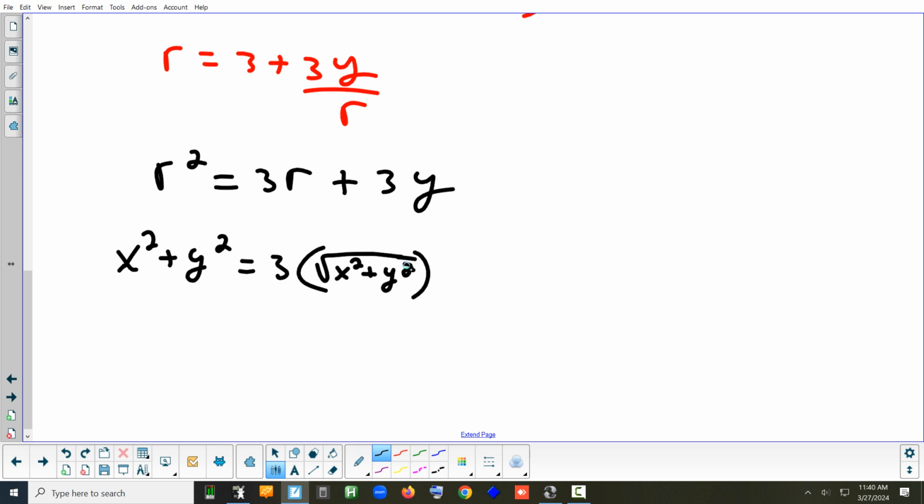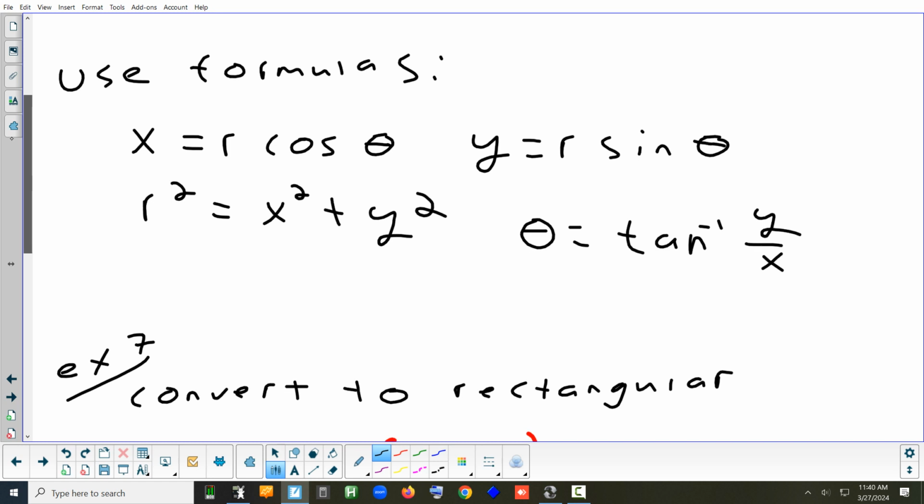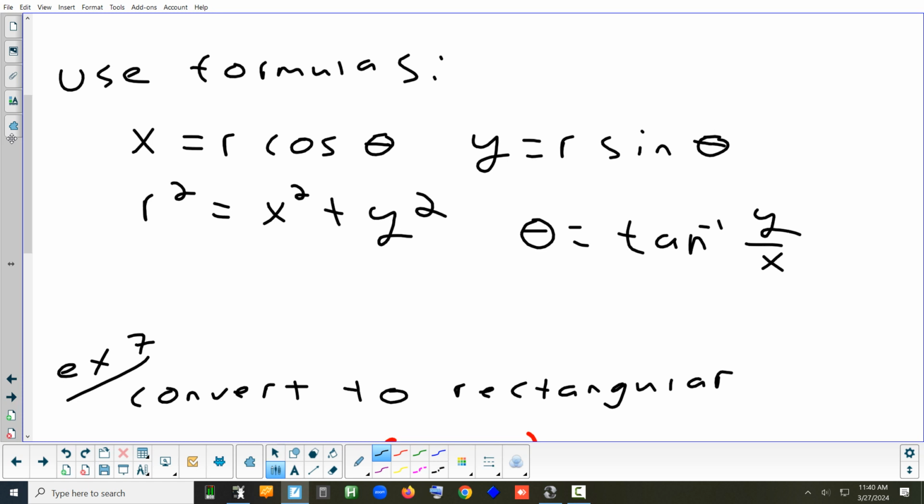And you might think there's other things you could change it to looking at the formulas, but you don't want to introduce a sine or a cosine back into the problem. So you probably wouldn't want to use the top 2. Or the one on the right, because that's a tangent, but the one on the right doesn't even have an r, so we shouldn't even be looking at inverse tangent. All right. So we definitely want to use the one that just has x's and y's at this point.